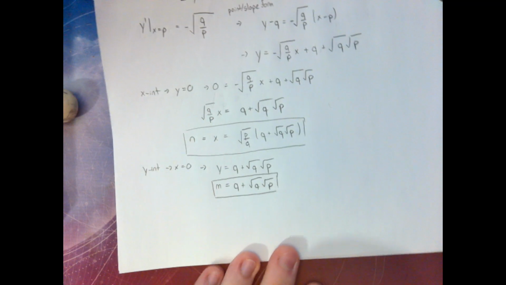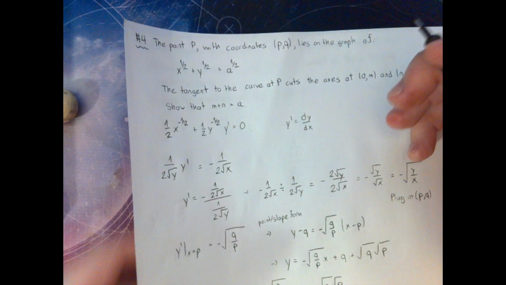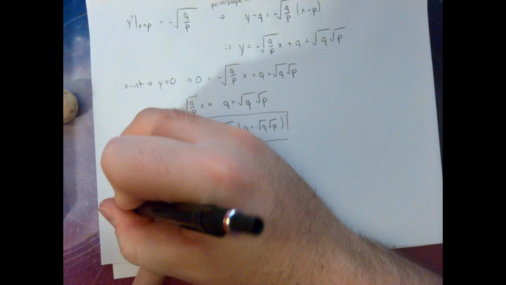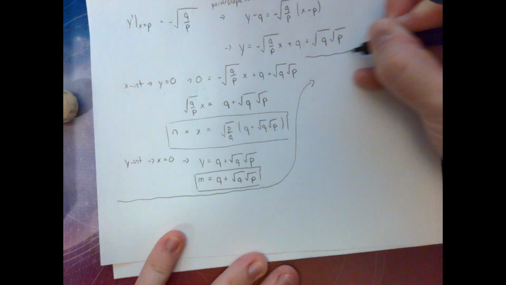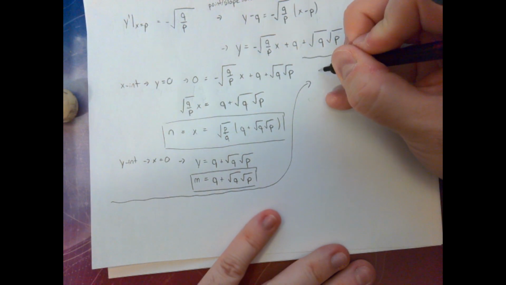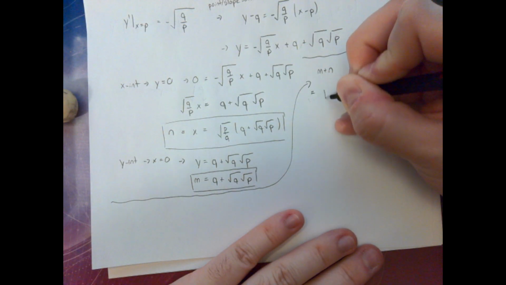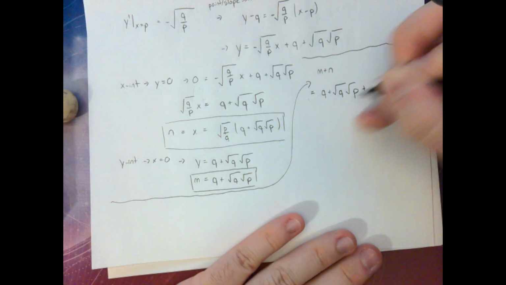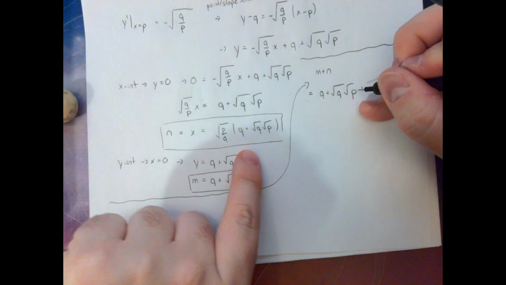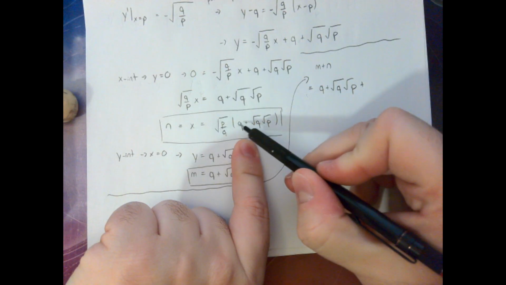And now, I just need to show what the question asked for in the first place. Show that m plus n is equal to a. And that's what I'm going to write. So I'm going to give myself a little more space. So put that over here, and then continue over here. So m plus n will be equal to q plus root q root p plus, so this is my m value, and now I'm adding my n value, which is going to be, and I'm not going to write it as this square root multiplied by this bracket.